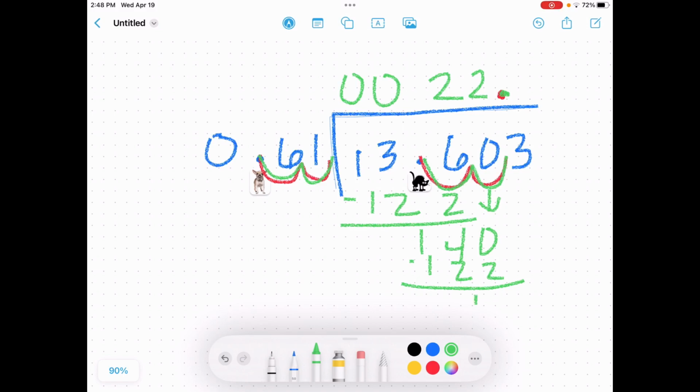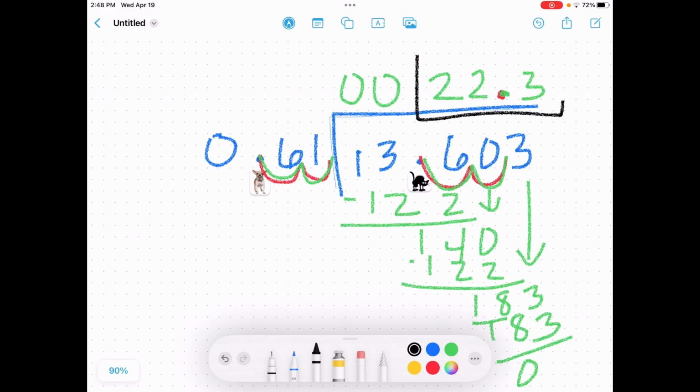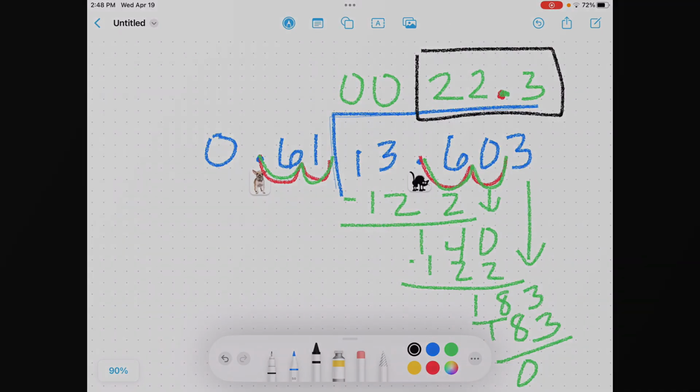Subtract, and I'm left with 18. Bring down, 183. Start again. 61 goes into 183 3 times, which is 183. So subtract, and I have 0 as a remainder. So my final quotient again is 22 3/10.